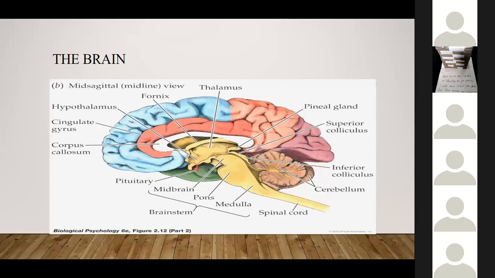So let's do a quick anatomy for those of us who have forgotten how the brain looks or what the brain entails. This is a sagittal section of the brain. It's been split into two halves or two hemispheres. So this is just one hemisphere. And you know that the brain has different aspects.